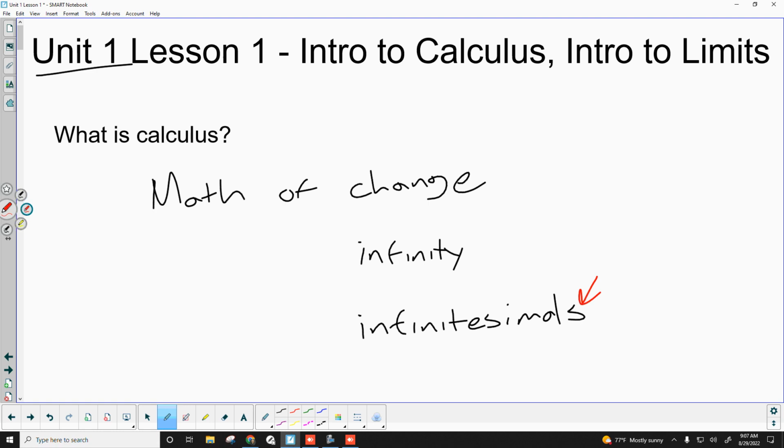What do you think? I heard it over here. A really small number. Small. Infinitely small. Okay? That's important with today's lesson. Thinking about something infinitely small, infinitely close to.